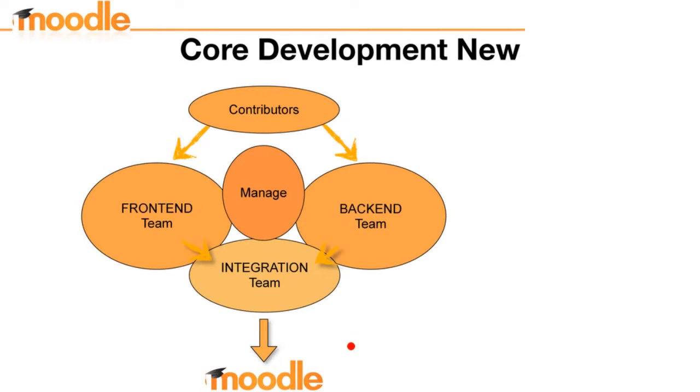2.5. The major thing that's happened here at Moodle HQ is that we've changed the structures on how we're doing core development now. We used to have a team devoted to maintenance, stable, fixing bugs, called Stable, and a team working on new developments and integrating community stuff, called Dev.